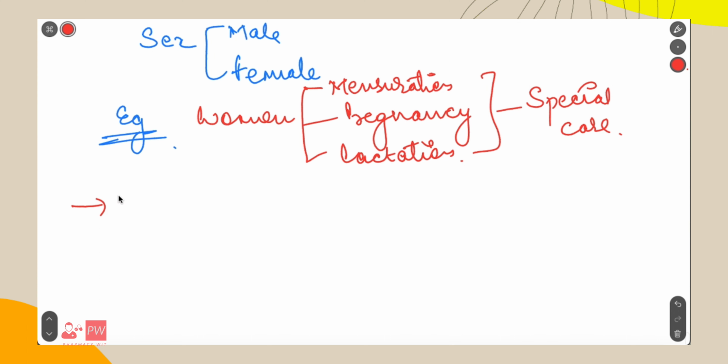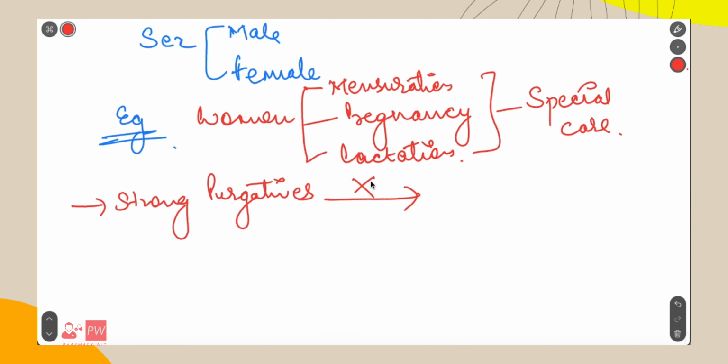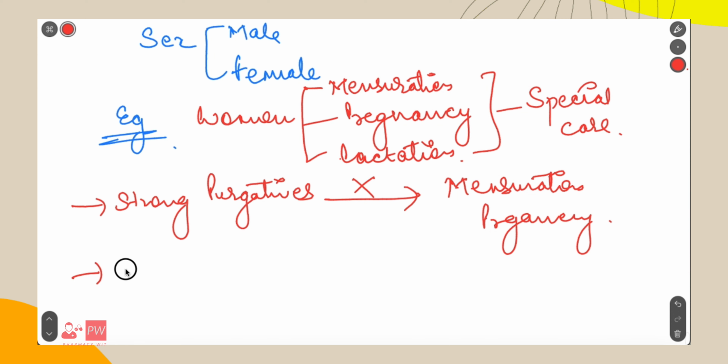For example, strong purgatives should not be given during menstruation as well as pregnancy. Another example is anti-malarial drugs and ergot alkaloids.